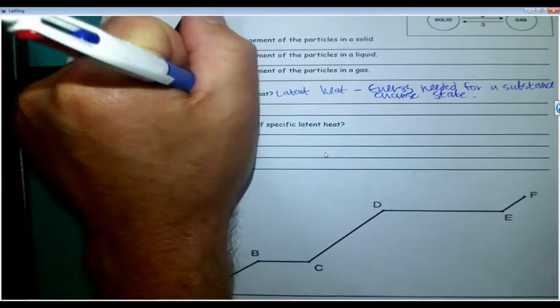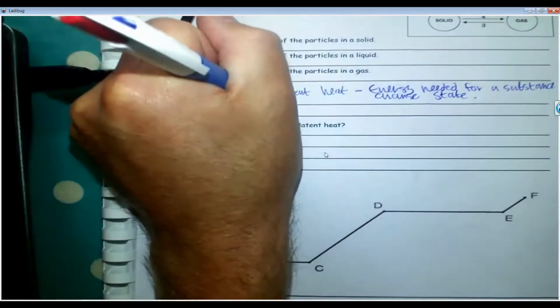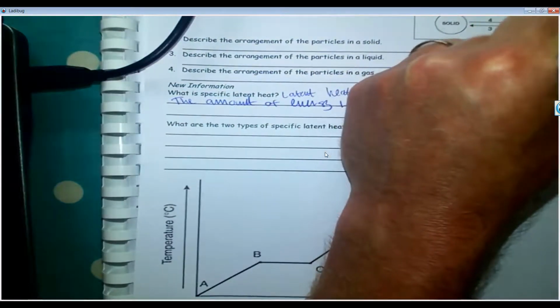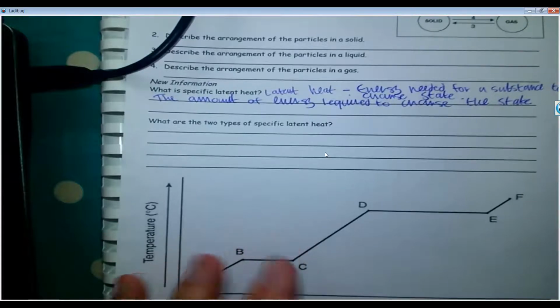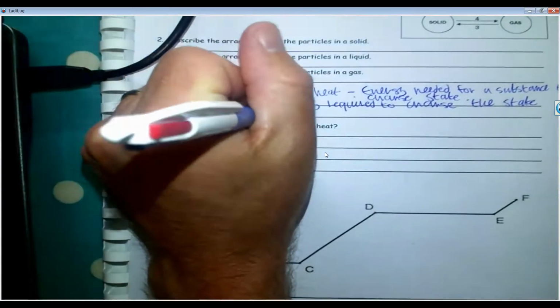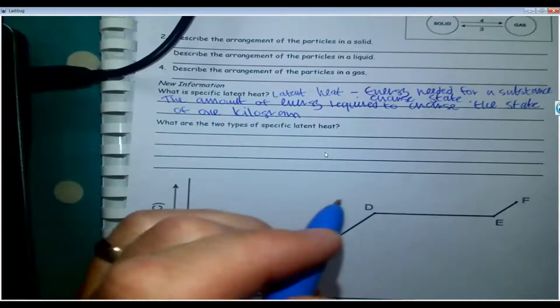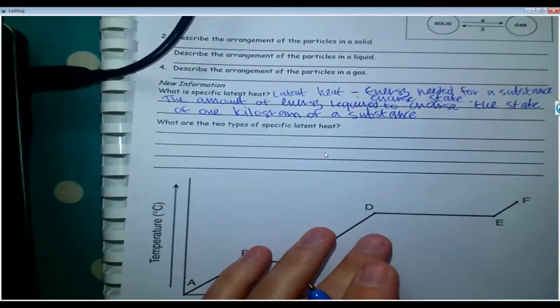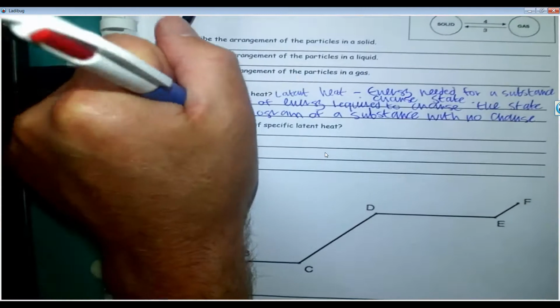The amount of energy required to change the state of 1 kilogram of a substance with no change in temperature.